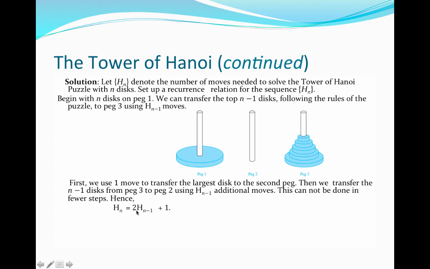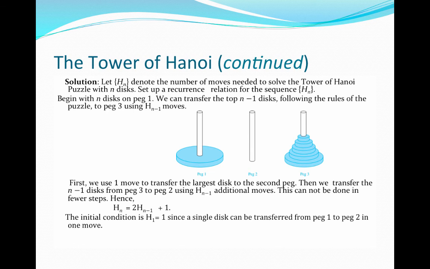So that was 2 times h sub n-1 moves plus that additional move to move this disc to peg 2. This gives us our recurrence relation to model the total number of moves to solve the Tower of Hanoi puzzle with n discs.